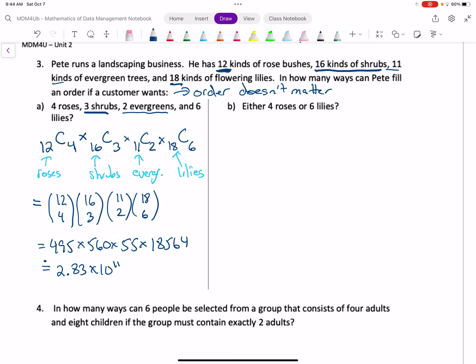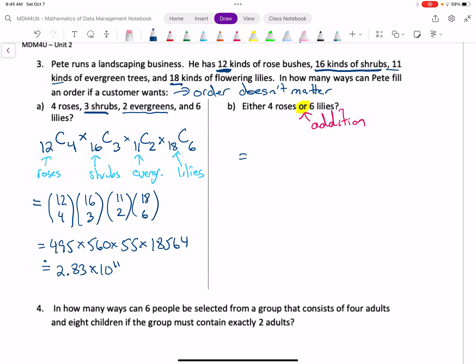So if we compare that to the second question here, it says they want to fill an order that has either roses or lilies. And again, we've talked about this language, but if it's or, meaning not at the same time, so it's either you're going to have these things or you're going to have these other things, not both together, we know that this means that we have to add. So we can just take our numbers.